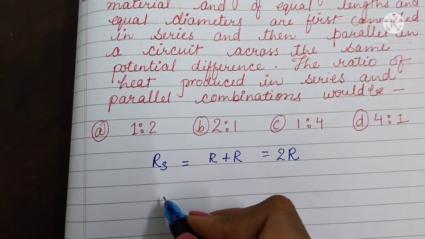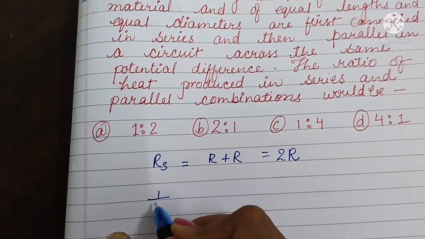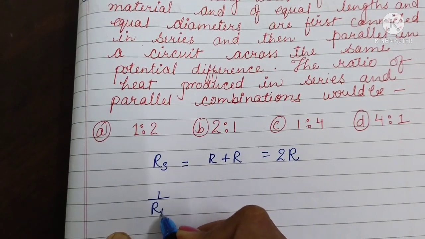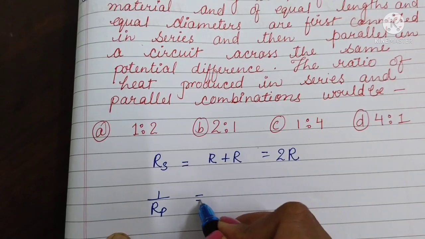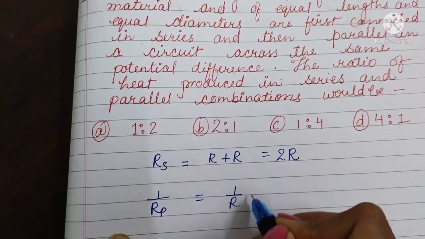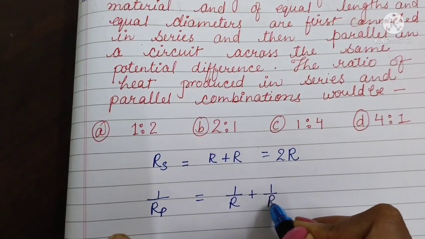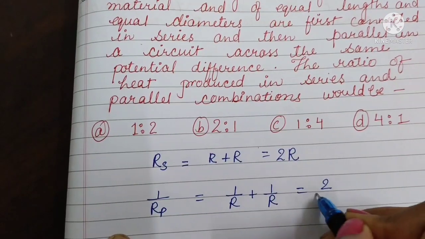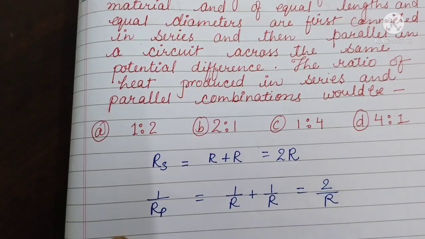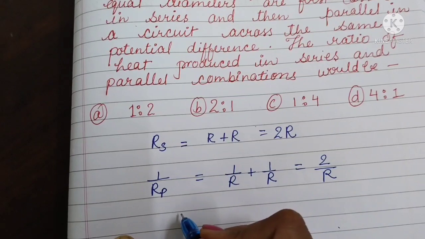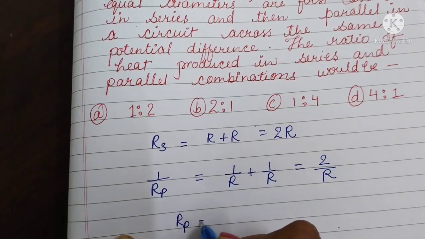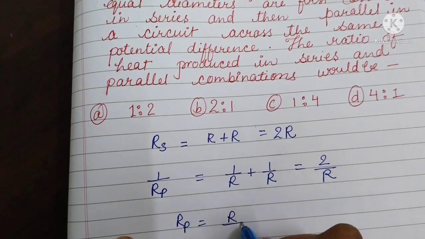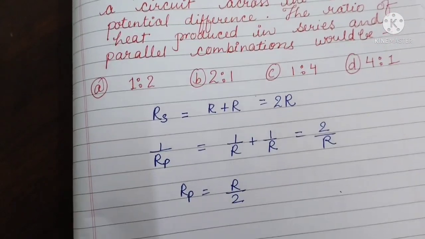Now we'll find the resistance when it is connected in parallel. So 1 by Rp will be equal to 1 by R plus 1 by R, and this will be equal to 2 by R. Okay. Therefore we can write Rp equals R by 2. Okay.